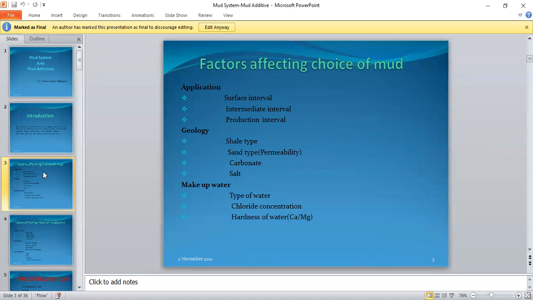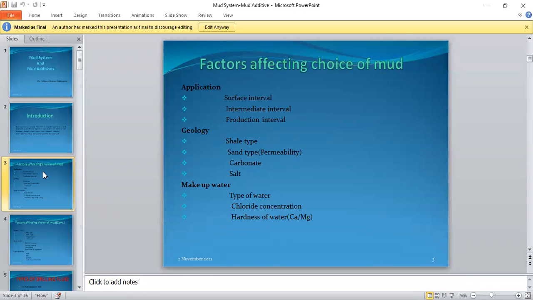If you're going to use WBM, then it's going to be salt mud, salt saturated mud. In other places, it may just be ordinary WBM, but you're going to drill through a salt formation. You can decide, if it is deep, to say, okay, I'm going to use OBM or I'm going to use a saturated salt system.